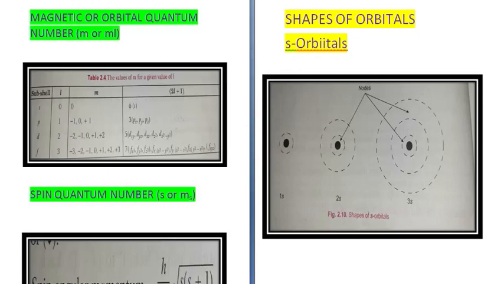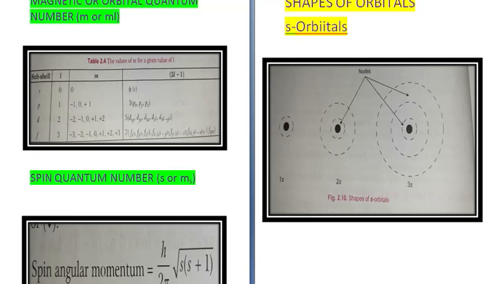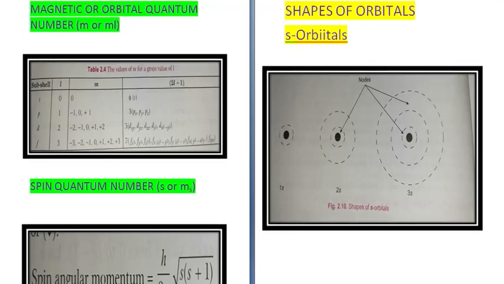The next quantum number is the magnetic or orbital quantum number. It is represented by small m or m l. It explains the Zeeman effect. The magnetic quantum number determines the number of orbitals in a subshell.